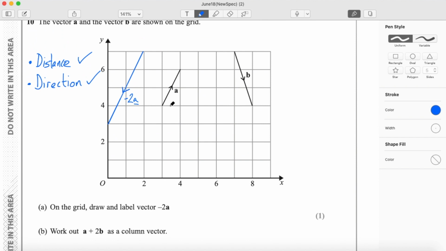So we're given A and we're given B, so we need to work out what 2B is. So if B is 1 along, 3 down, it follows that 2B must be 2 along and 6 down. So I'll draw that now. I'm going to start here, 1, 2 along, 1, 2, 3, 4, 5, 6 down.